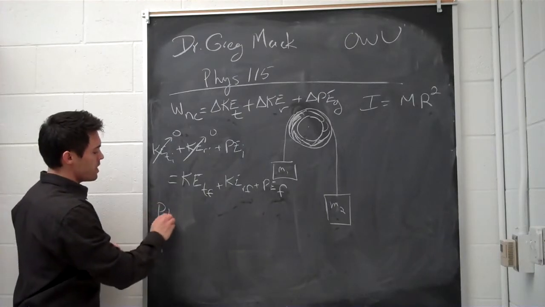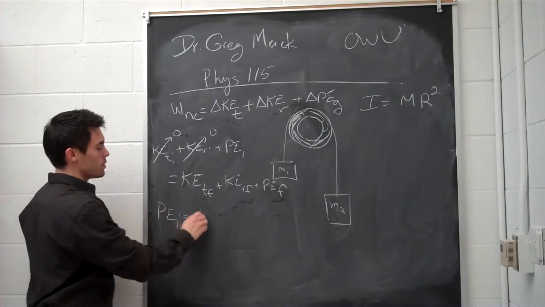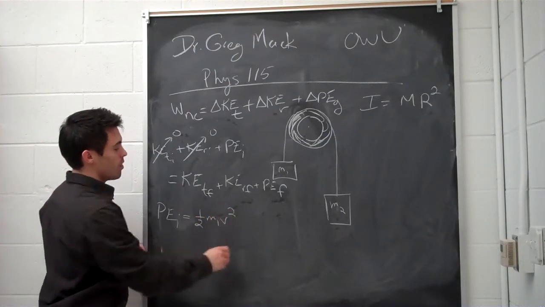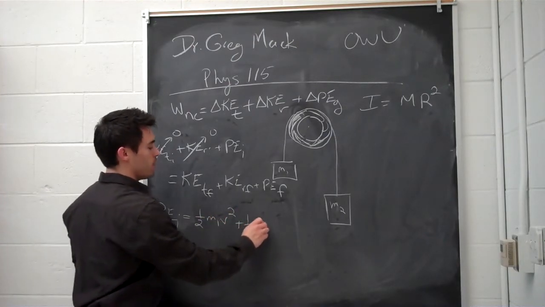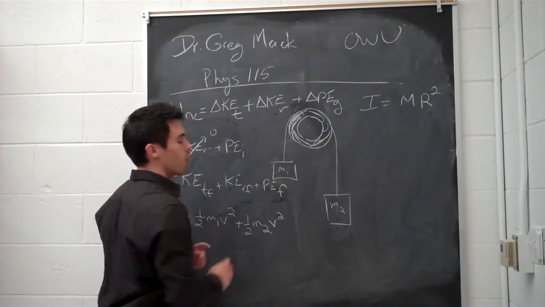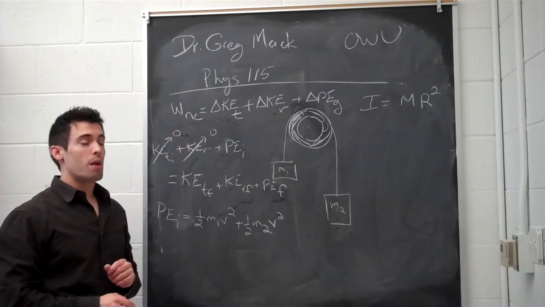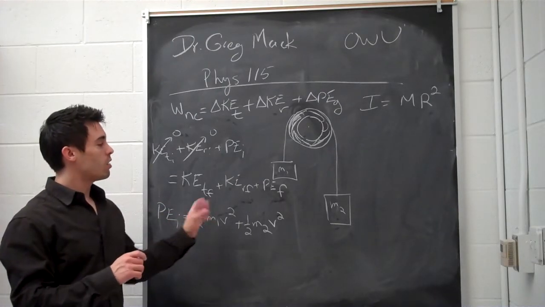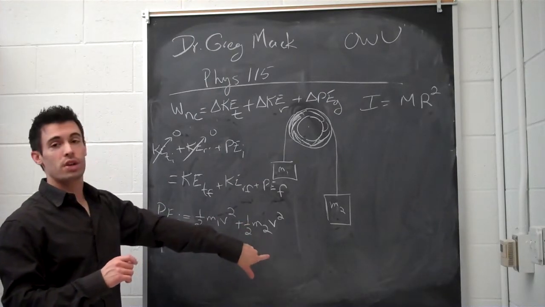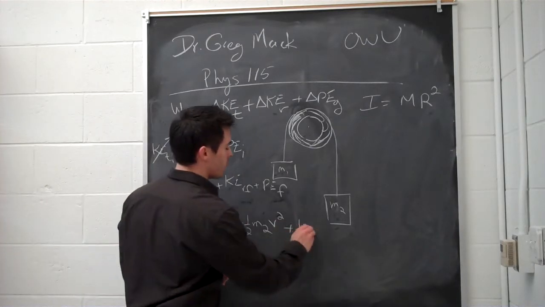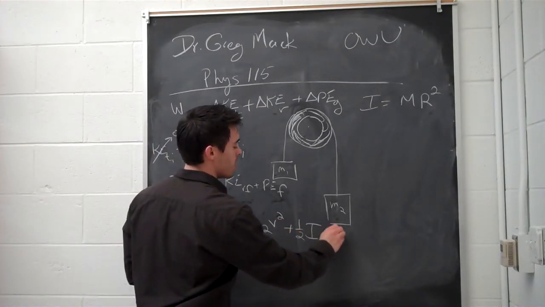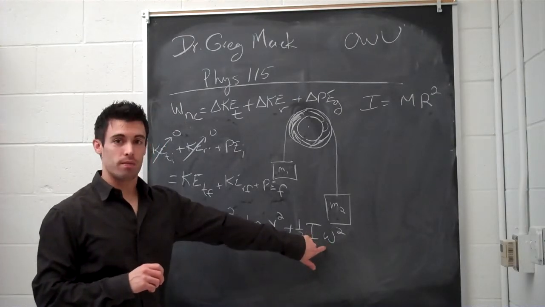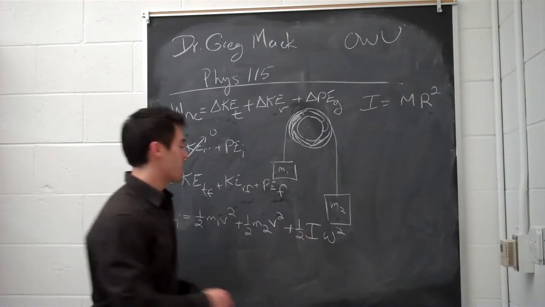That says that PE initial is equal to 1/2 M1 V final squared plus 1/2 M2 V final squared. Why did I not write final on there? Because they're going to be moving at the same velocity since they are connected by a string. And then we have the addition of 1/2 I omega squared for the pulley and its angular velocity. That's what's involved there for the rotational kinetic energy.